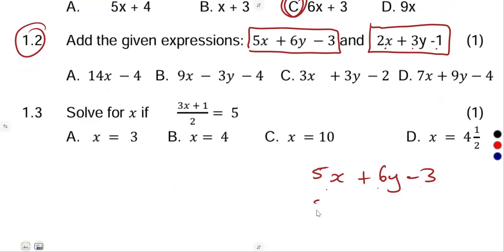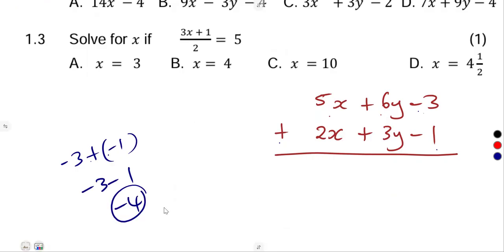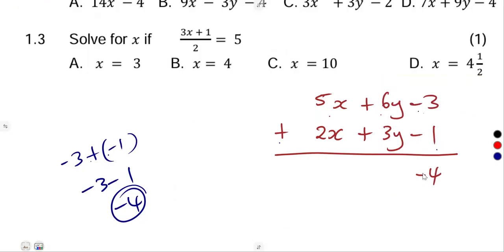You can even write it like this, 2x plus 3y minus 1. Remember, we must add. So let us add and see what we are going to have. Negative 3 plus negative 1. Remember, positive and negative gives a negative. So it is going to give us a negative 4.